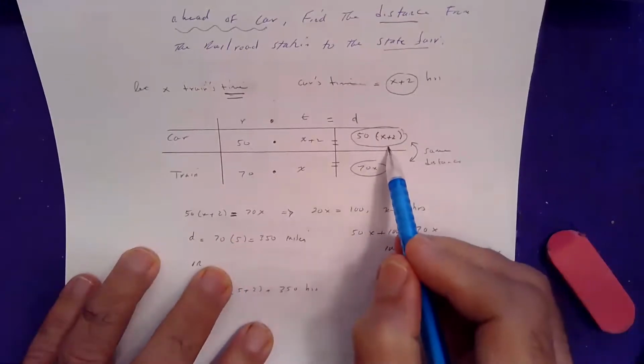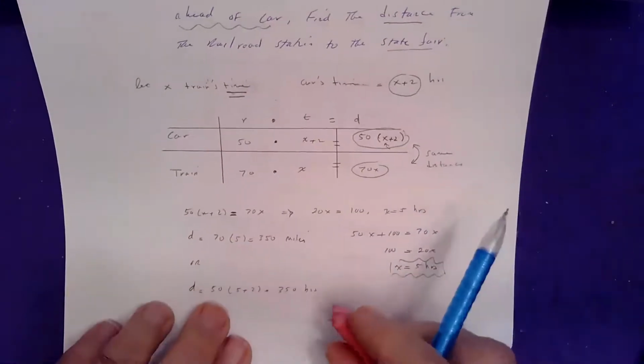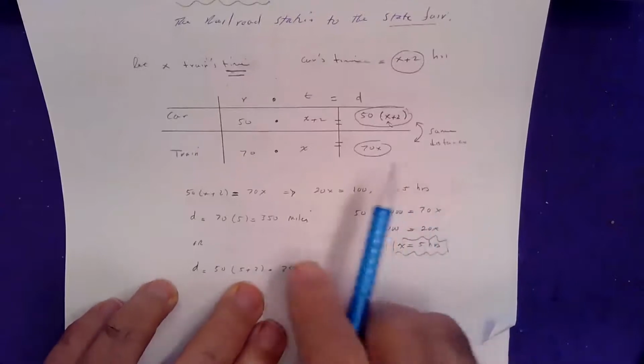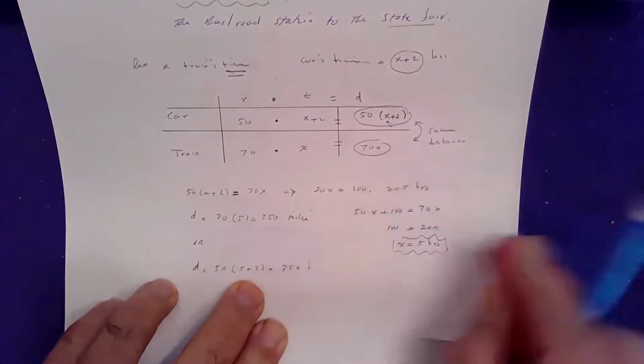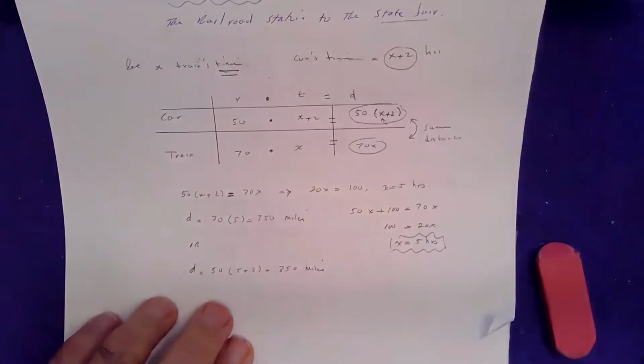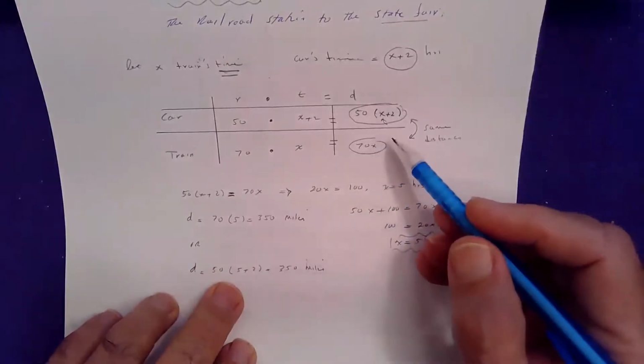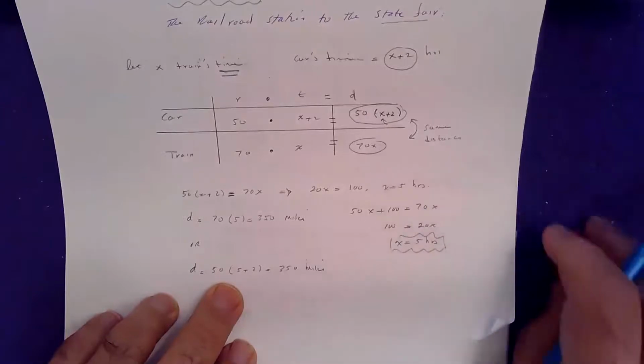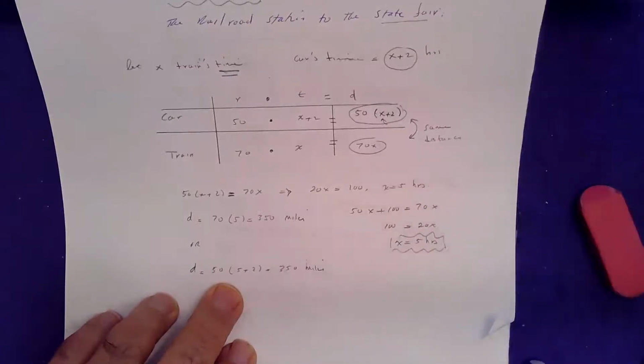But if you replace the x here with 5, which is 50 times 5 plus 2, that also should give you the same mileage, which is 350 miles. So as you can tell, the distances remain the same. In other words, what difference does it make whether you drove your car or you took the train?